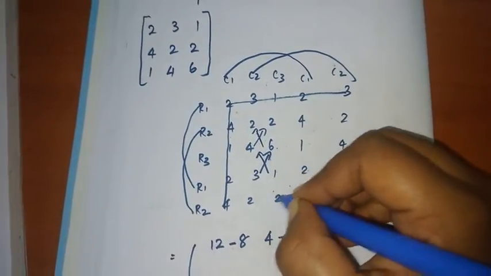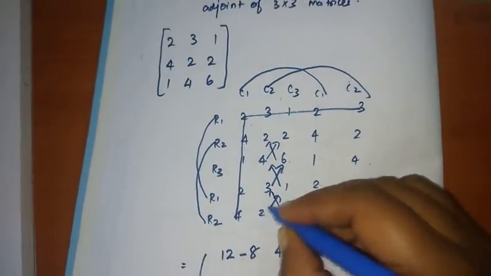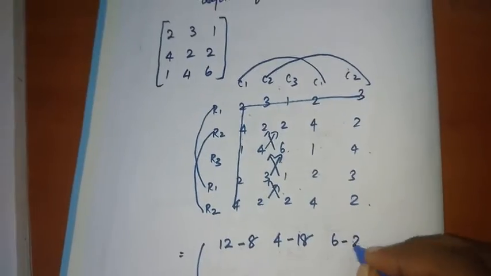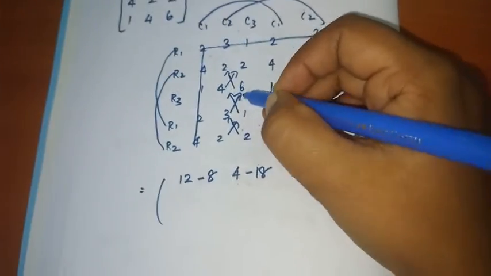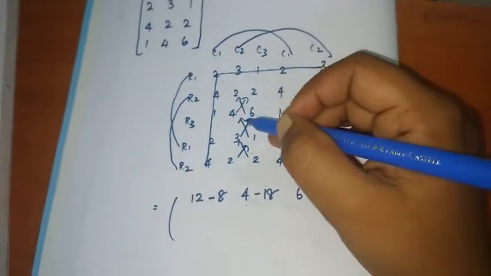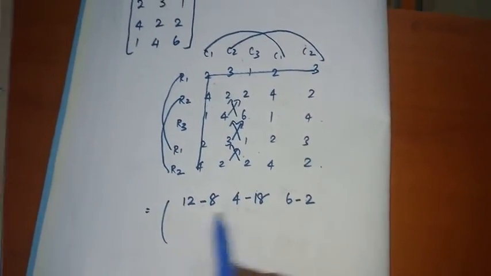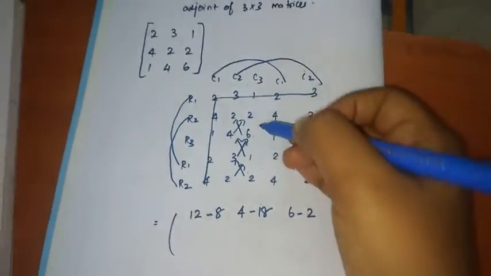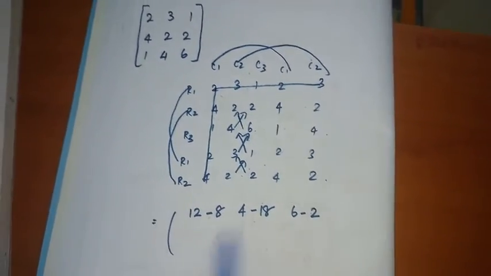Then 3 1 2 2. 3 2s are 6, minus 1 2s are 2. So in this, I am calculating in column matrix, but I am writing the answer in row matrix. This is the method to follow.